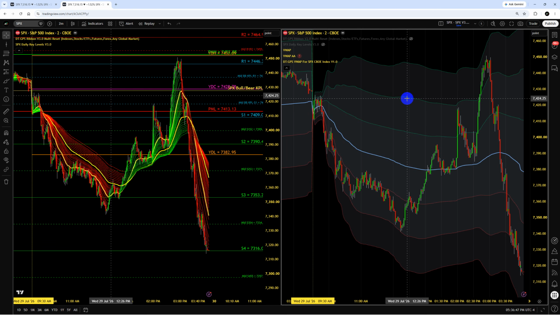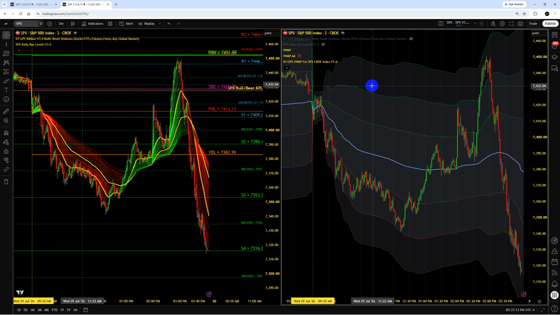It's just a lot easier to have everything on the same chart. And so this VWAP allows you to do that, whether you're on SPX CBOE or the mini index, the XSP. So the VWAP is also included in the SPX suite along with the ribbon indicator and of course our main indicator, the SPX daily key levels V3.0.